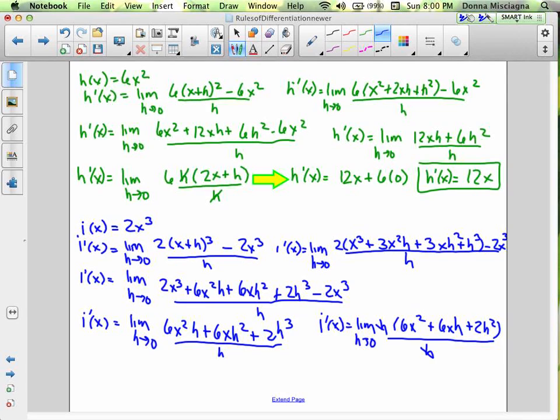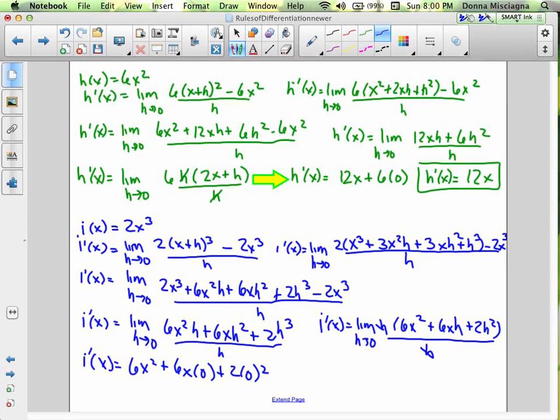So now we have i prime of x equals, we're left with 6x squared plus 6x. I'm going to substitute for h right at the same time so I don't have to write the limit one more time. So we have 6x squared plus 6x times 0 plus 2 times 0 squared.